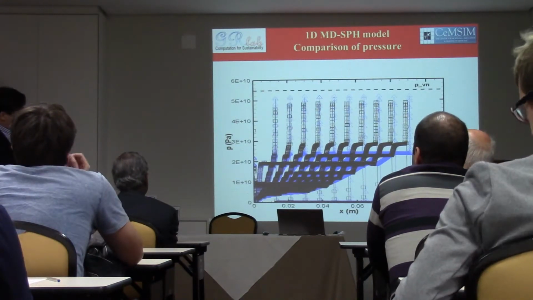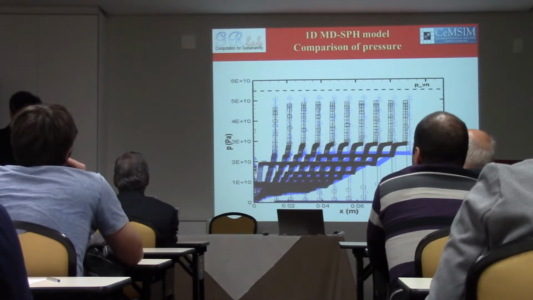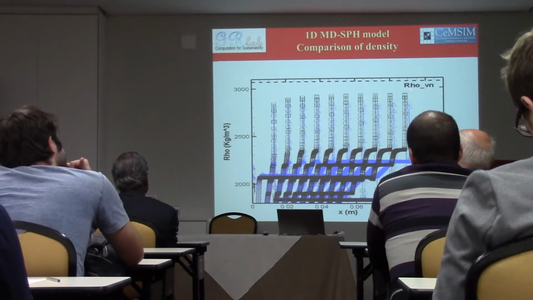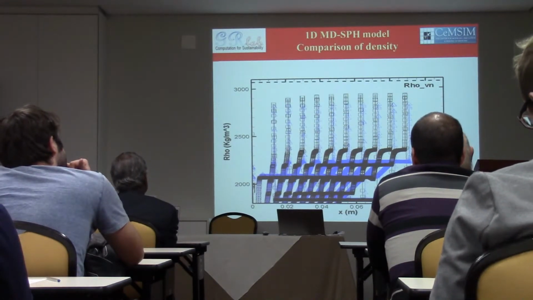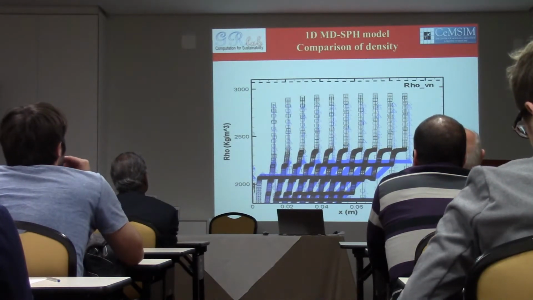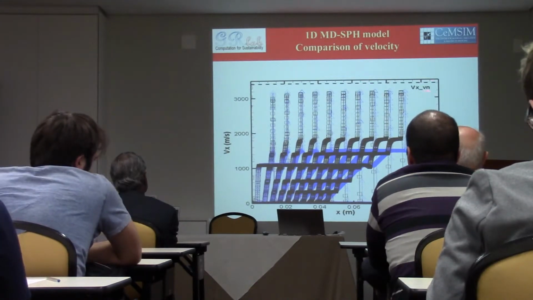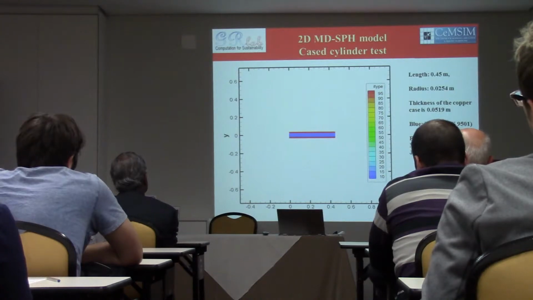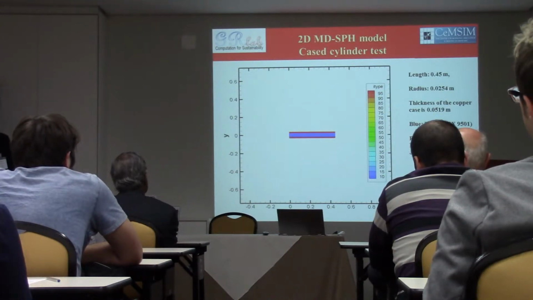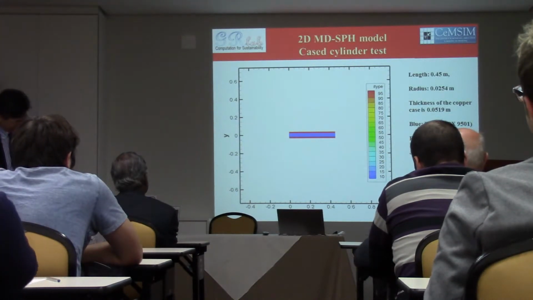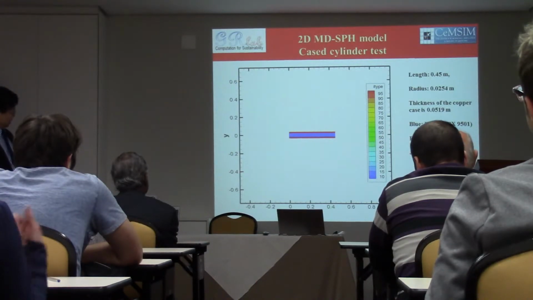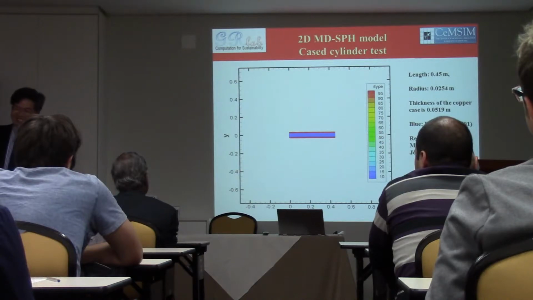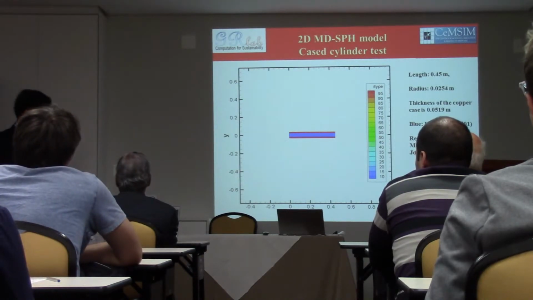There are some discrepancies here which we do not understand. We also looked at the density change and velocity change in the one-dimensional explosive, which is quite similar. So it is not ideal compared to what we expected, but it is working. The MD with SPH is working.